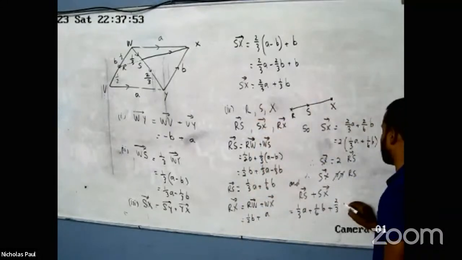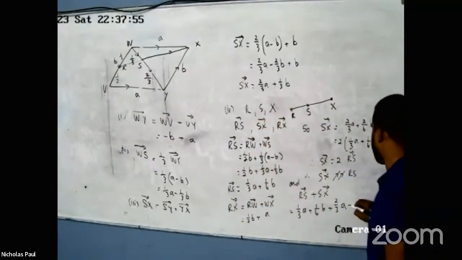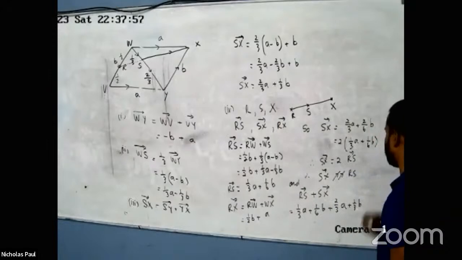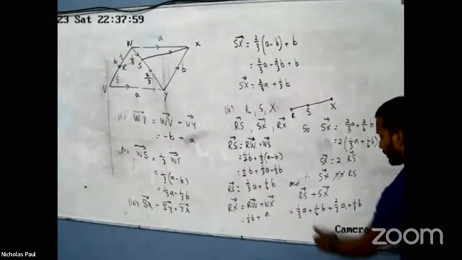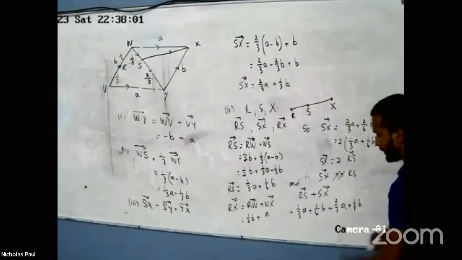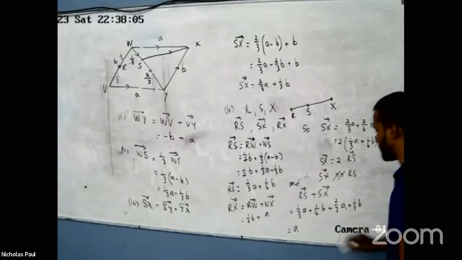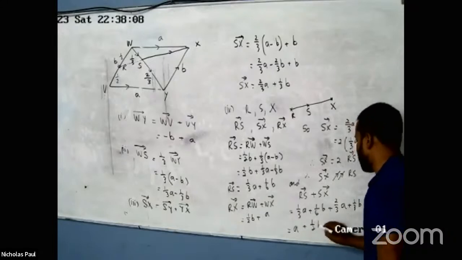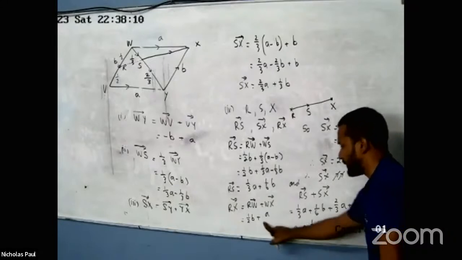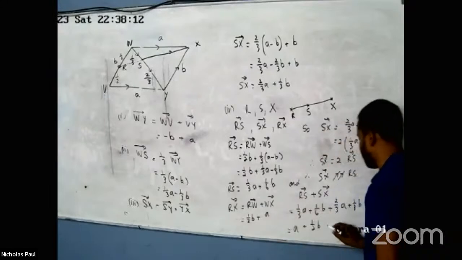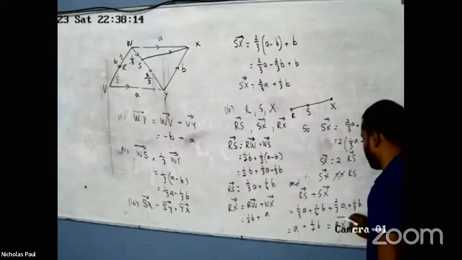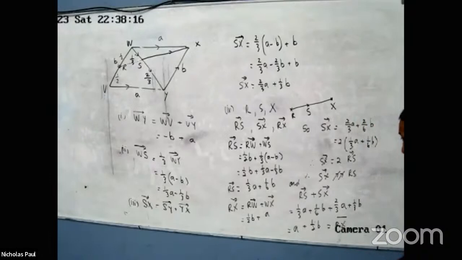SX is 2/3 A plus 1/3 B. 1/3 A plus 2/3 A is A. 1/6 B plus 1/3 B is 1/2 B. So A plus 1/2 B is this, which is this. Plenty of working, but that's it. Once you have that, you can say collinear.